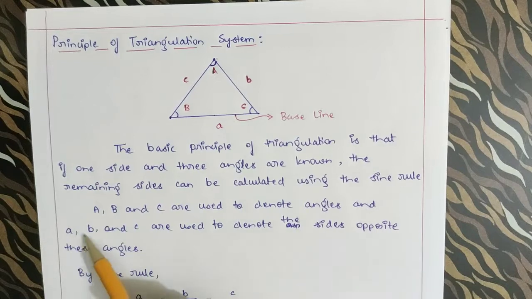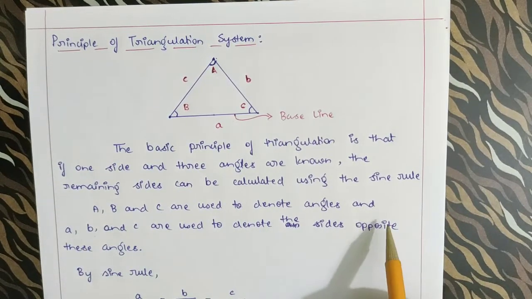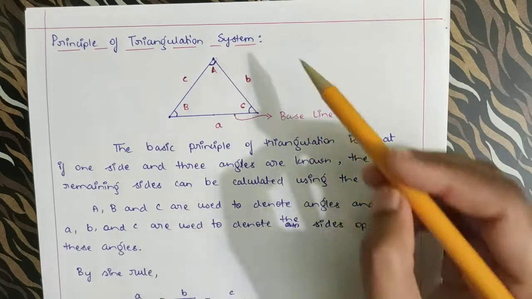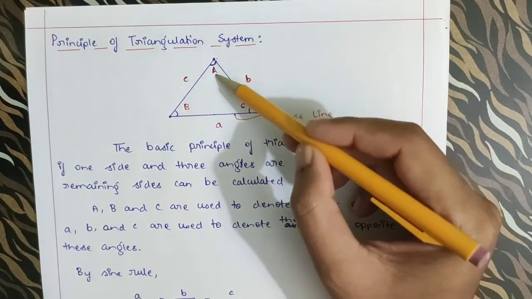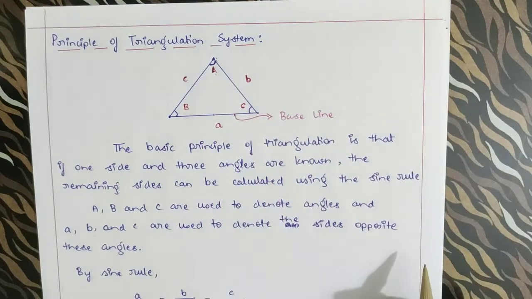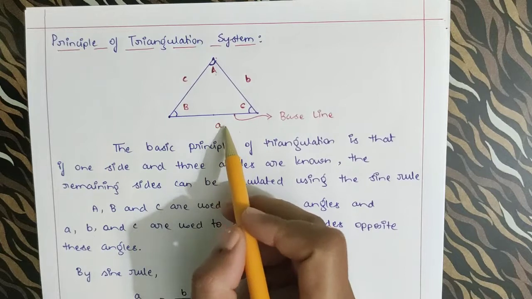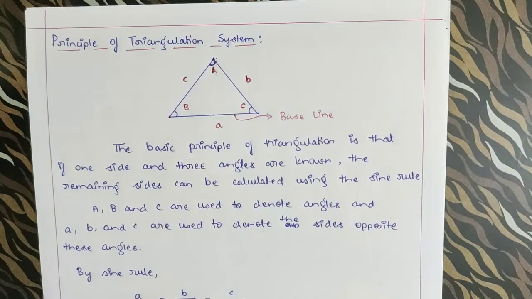Then small a, b and c are used to denote the sides opposite to these angles, that is the opposite side for angle A is small a. Now here in this figure we are considering small a as the baseline.